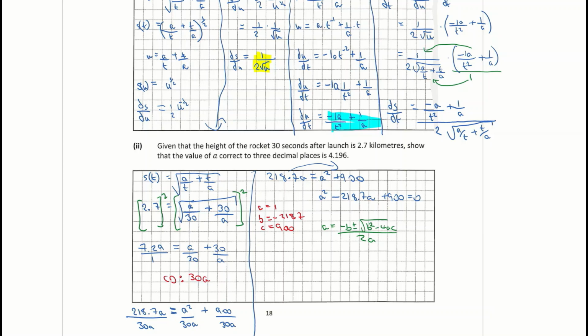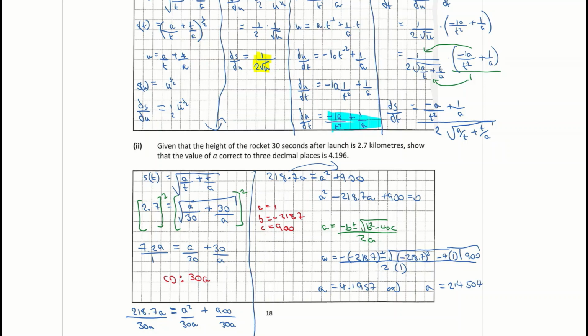And subbing in my values, I have the value of a is equal to minus minus 218.7 plus or minus the square root of b squared minus 4 times a times my c. And that then is all over 2a, which is 2 times 1. And when I put that into my calculator, I'm getting a as 4.1957 and a is equal to 214.504.